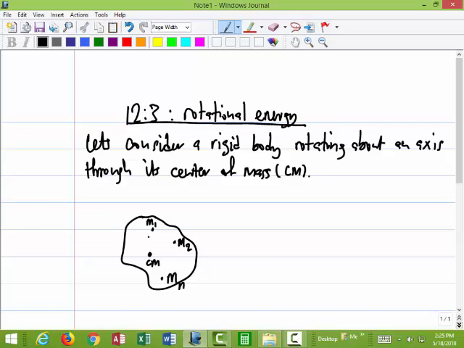Each particle is located at its own position R1, this is R2, and let's say this is Rn. So we can say the kinetic energy of this rigid body is in general given by half mv squared. And so the kinetic energy total is equal to the kinetic energy of each element of mass in this body.